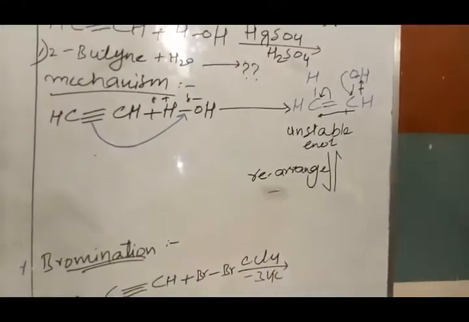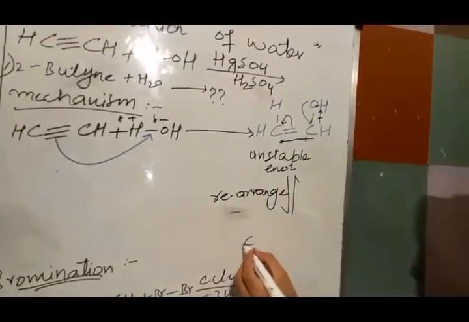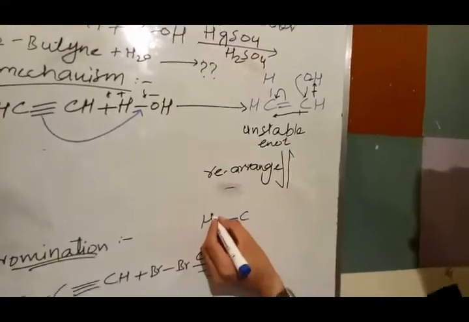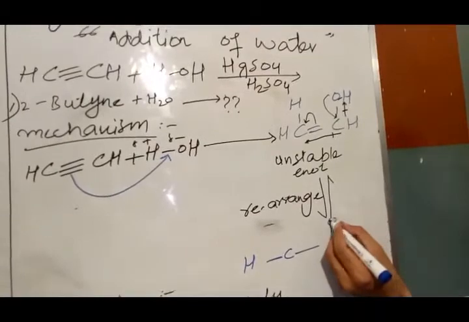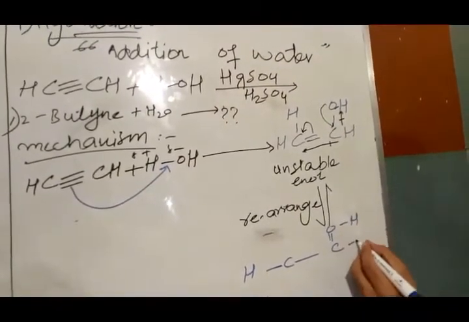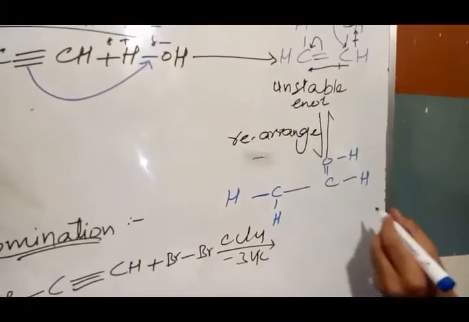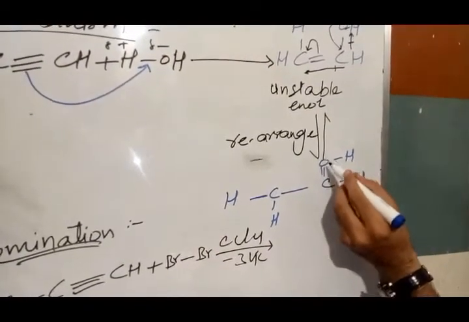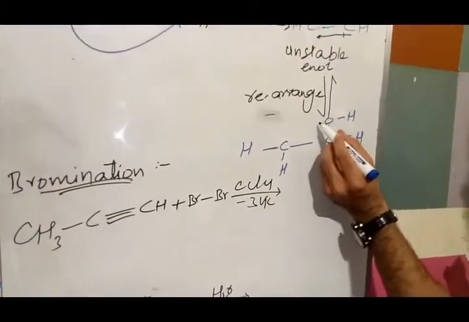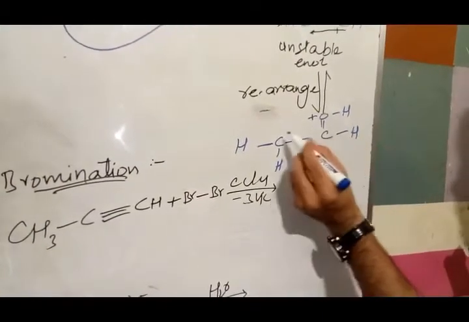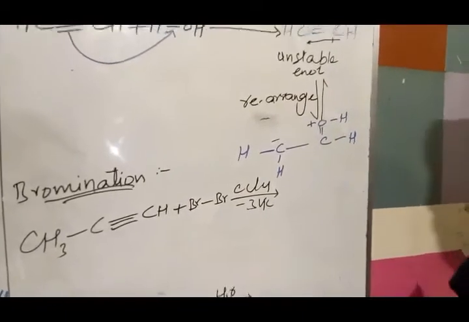As a result, this product will be created: C H single bond C double bond H, H and H. So by making two bonds, this oxygen will get a positive charge and this carbon will get a negative charge.